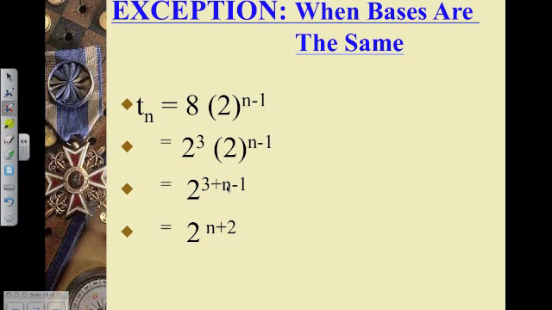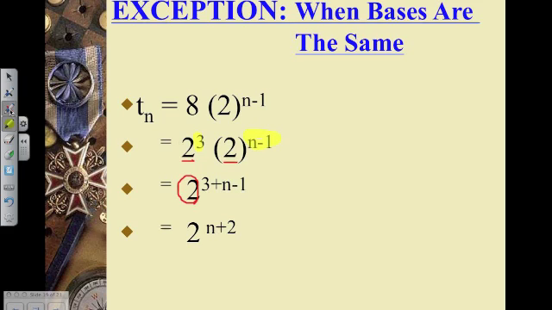Now, the exception to this rule is when the bases of your powers are the same. So, for example, 8 can be written as 2 to the power of 3. So now I have a common base. So I can keep the base the same, keep the 2 the same, and then simply add the exponents. Add the 3 plus the n minus 1.